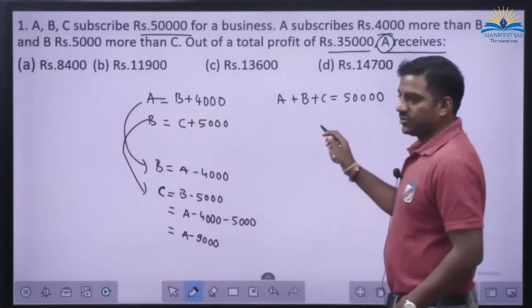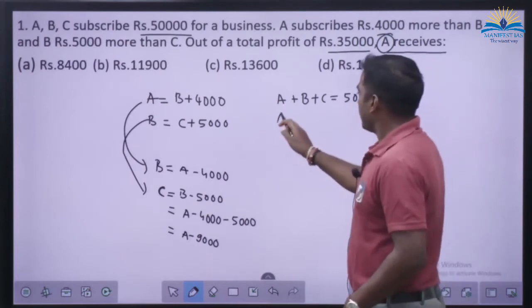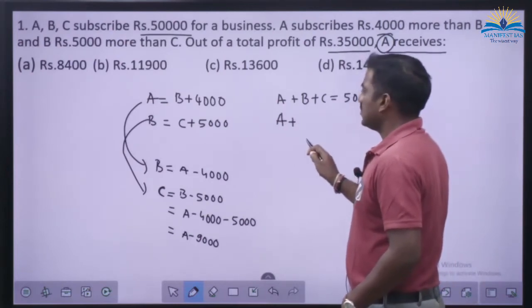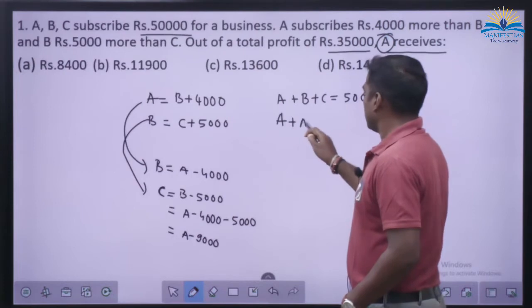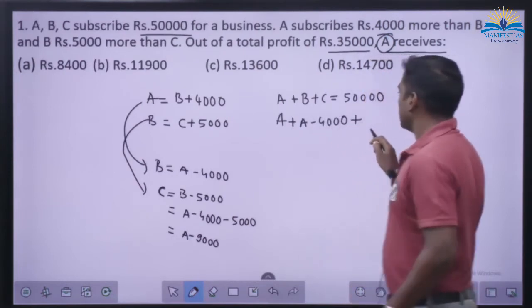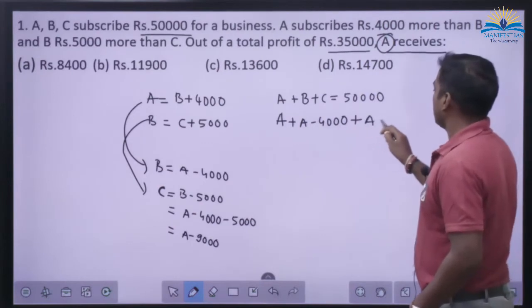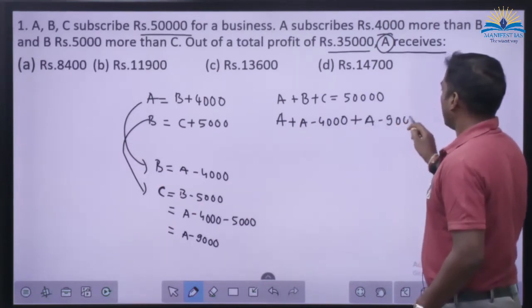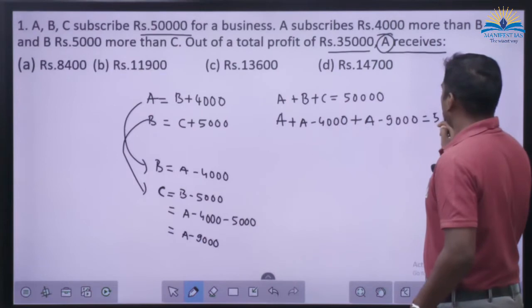So now can I substitute? A is A, B is A minus 4,000, C is A minus 9,000, that is equal to 50,000.